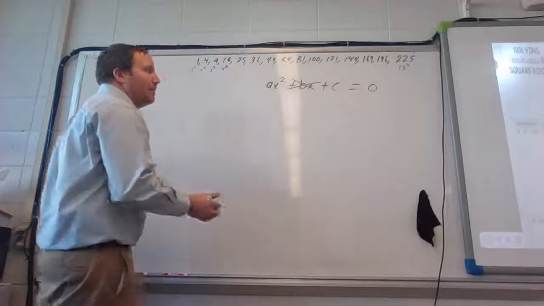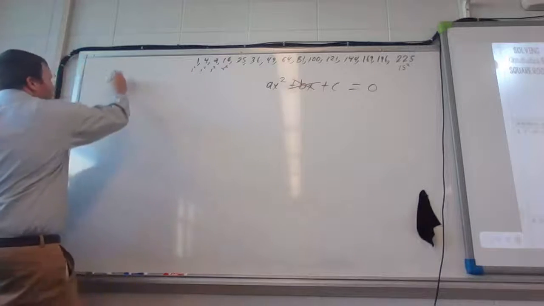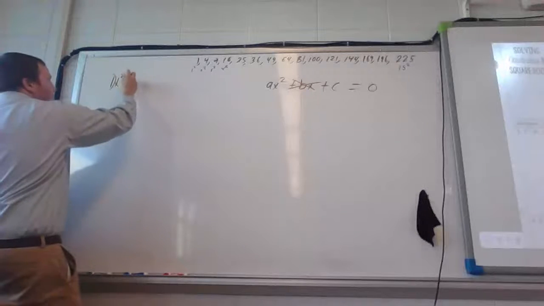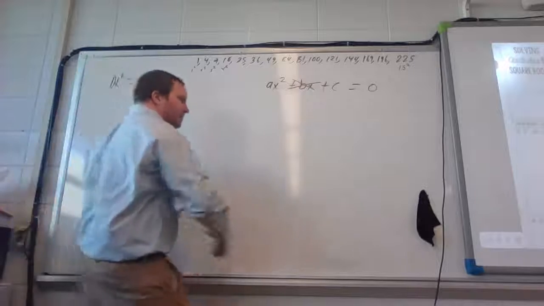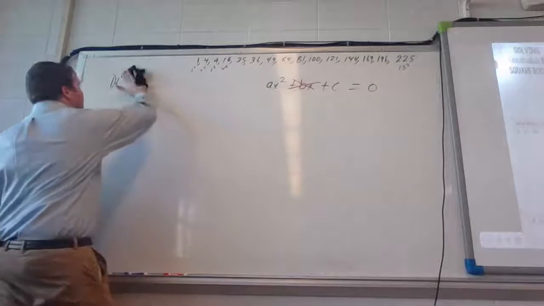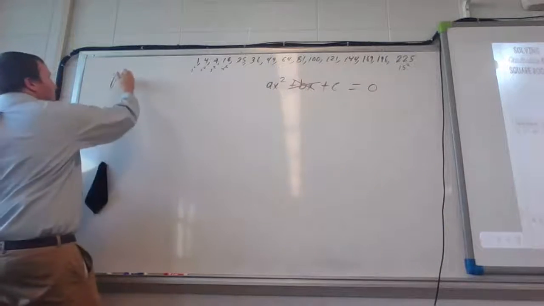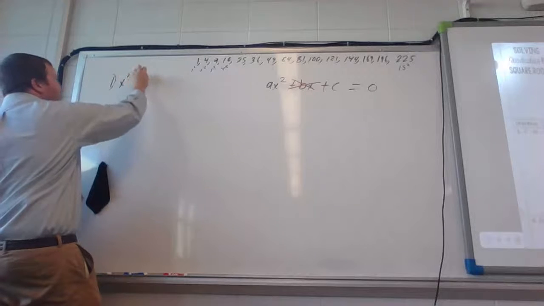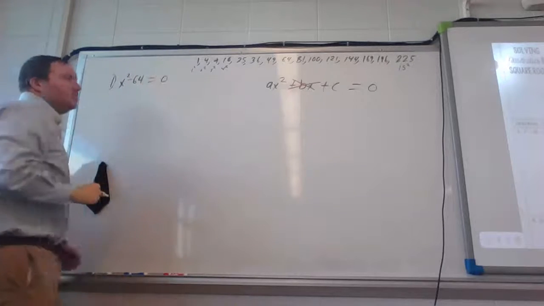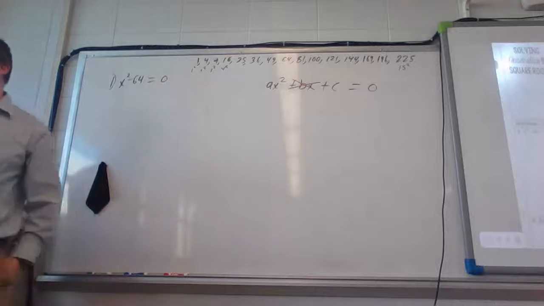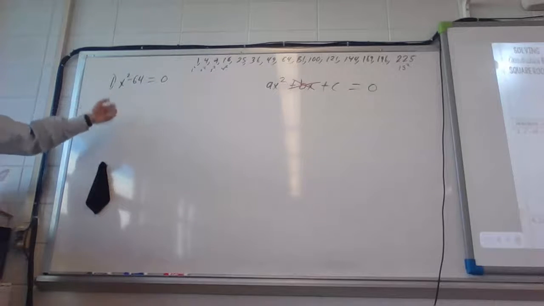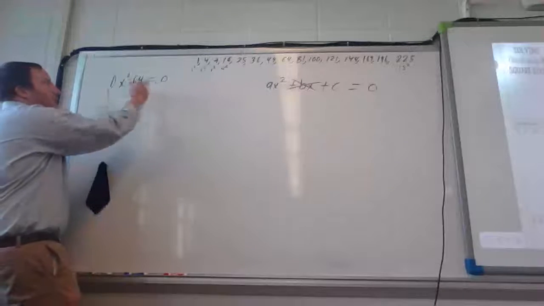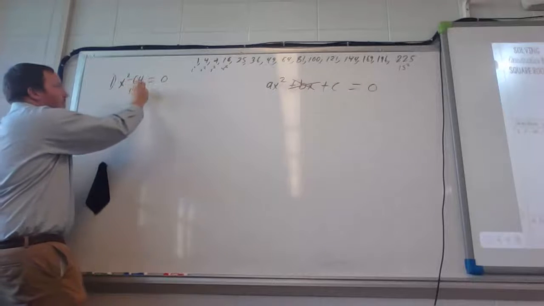So let's look at number 1. We have x squared minus 64 equals 0. So the first thing is we've got to isolate that x squared on one side of the equation. So I'm going to add 64 over.